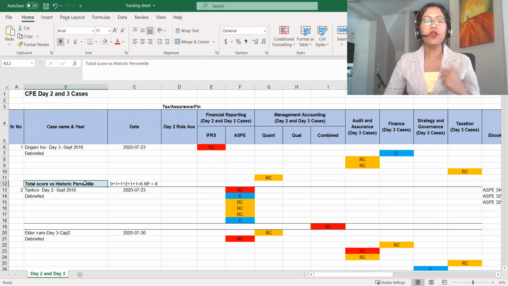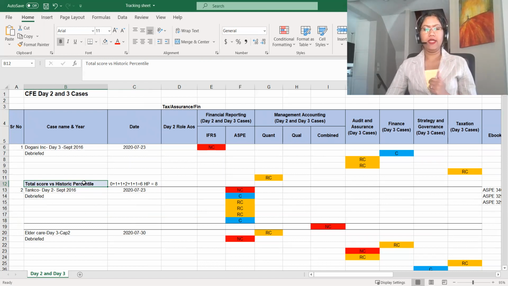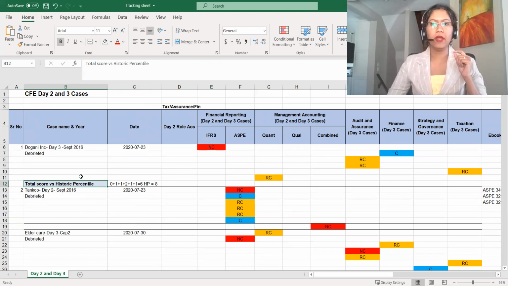In your capstone 2, as you solve the cases, you will get one document for each case called historic percentile. That means it shows how all the other candidates performed on that case previously. It gives you a very good sense of where you are at.